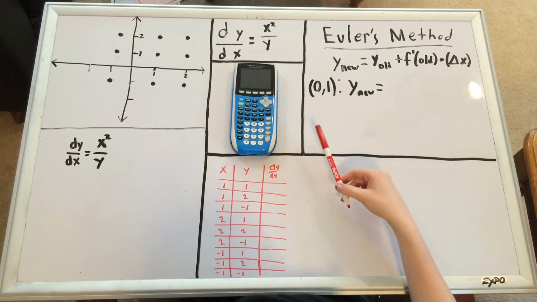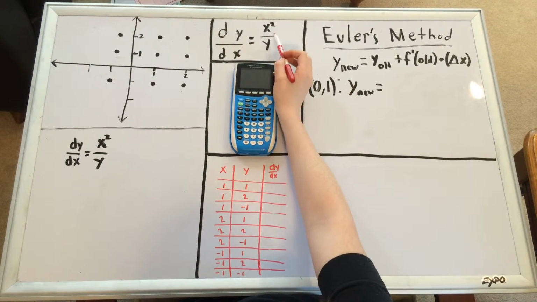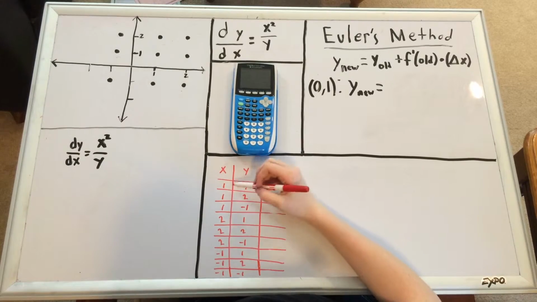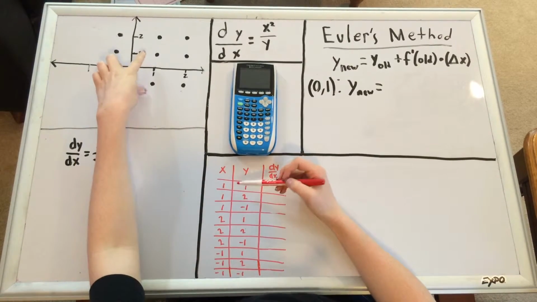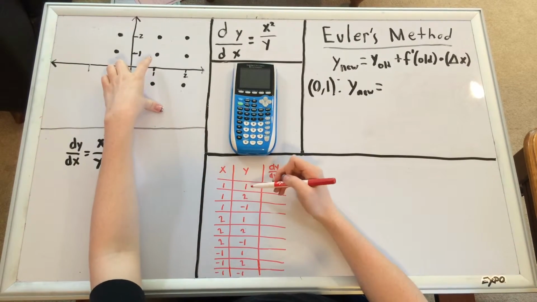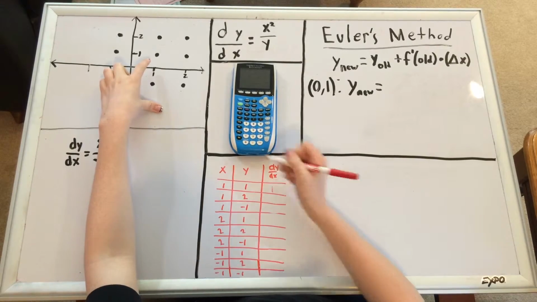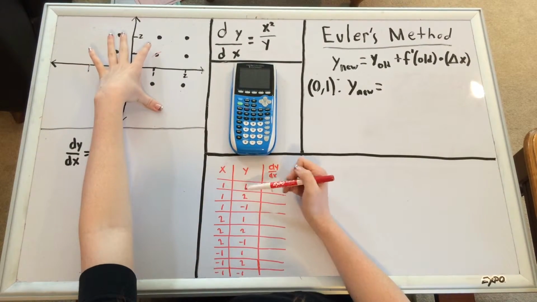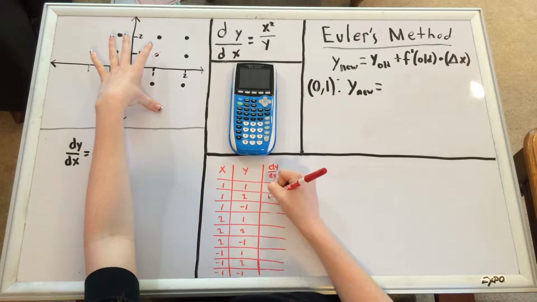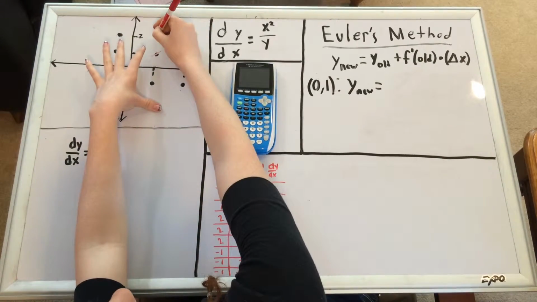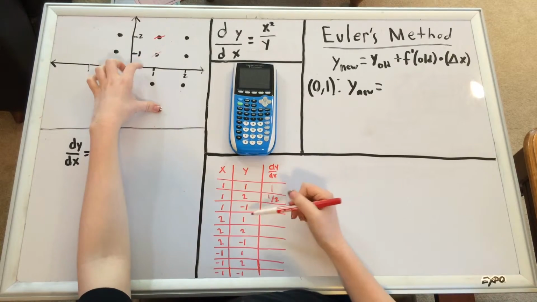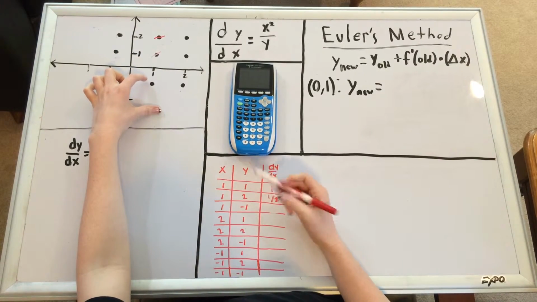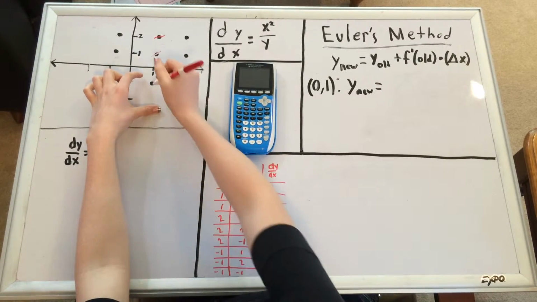We'll be going through one more example, but this time dy/dx equals x squared divided by y. I've already placed the points here, so starting off we have (1, 1). That'll be 1 squared divided by 1, which still equals 1. (1, 2) will be 1 squared divided by 2, which equals 1/2. Then 1 squared divided by -1 is -1.